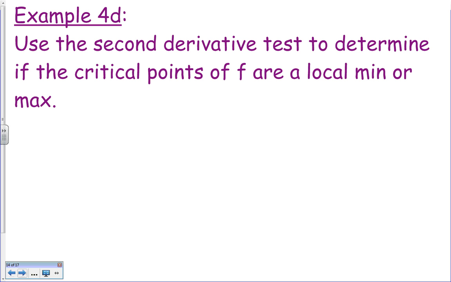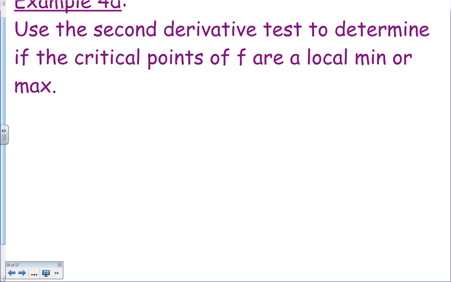All right. Let's take one last example here. Example 4, we'll add on part D. It says, use the second derivative test to determine if the critical points of function f are a local min or a local max. So if you recall, we already found the critical points of function f. They were at -1 and 0. Let's just go ahead and write down what f of x was equal to again.